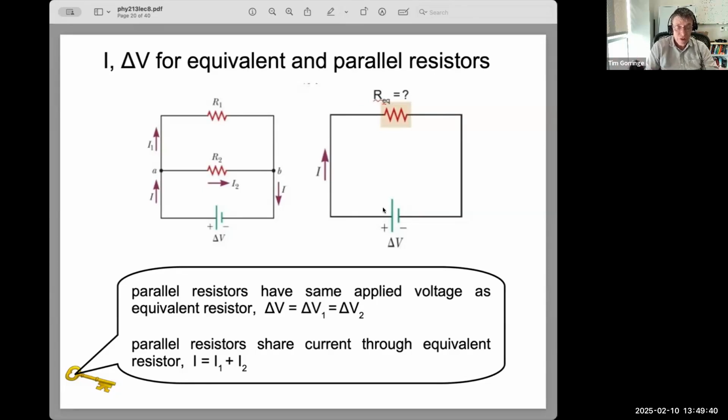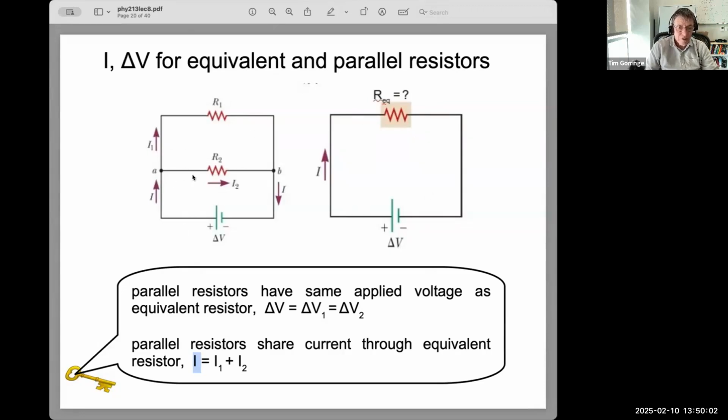So all those 3 resistors, R1, R2, and the equivalent resistor, have the same potential across them, and it's the battery potential. On the other hand, the total current I that's passing through the equivalent resistor can only go through the equivalent resistor. That's the only way to loop around the circuit.